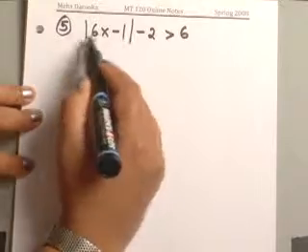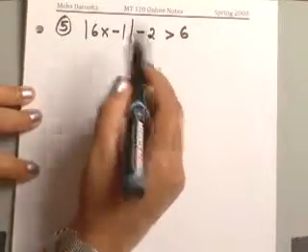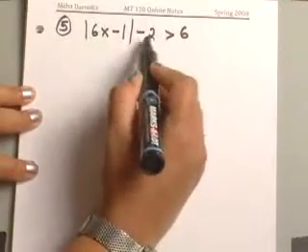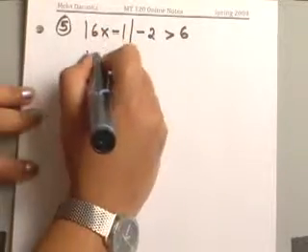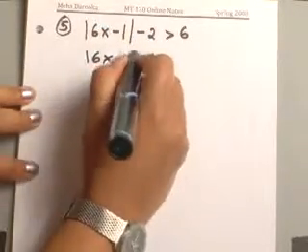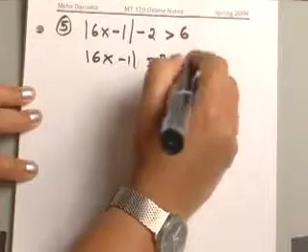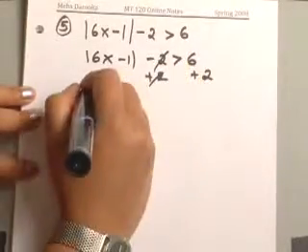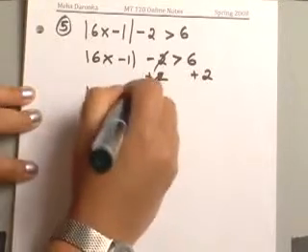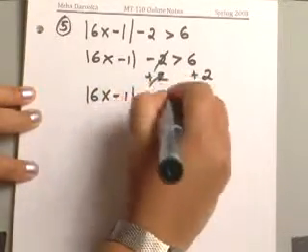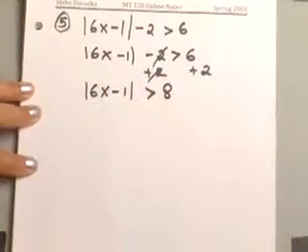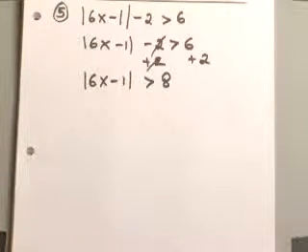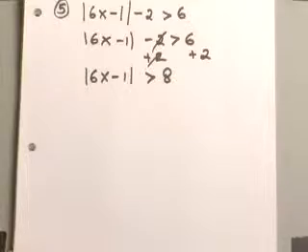Again, you can see the absolute value expression is not by itself, so we will start out by moving the negative 2 over to the other side. So add that to both sides, and we end up with absolute value of 6x minus 1 greater than positive 8. And once you set it up this way, now you can go ahead and solve this problem.